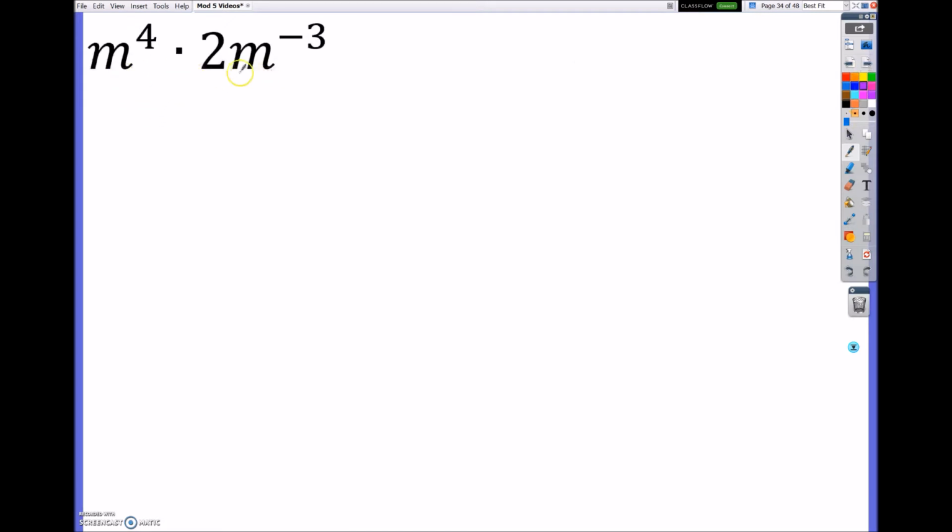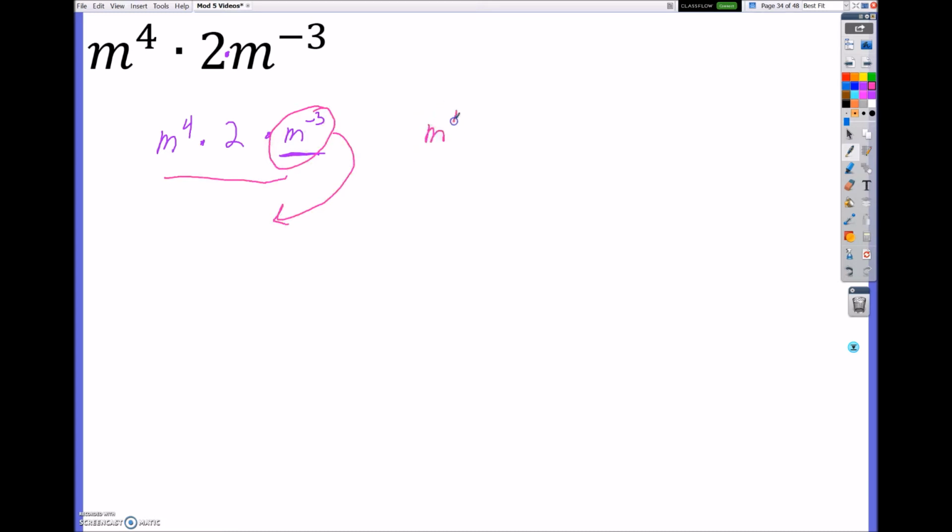Now, I want you guys to realize that this is 2m, which is really saying 2 times m. These are separated. So what this is saying is m to the fourth times 2 times m to the negative 3. This m to the negative 3, we don't want it to be negative. So one way to solve this is we can move it from the numerator down to the denominator.